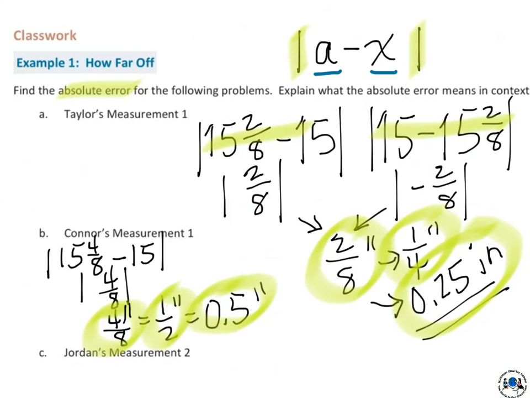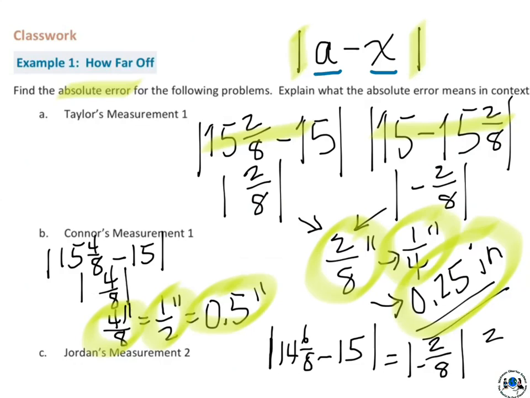So if we do that one, again, the absolute value of the approximate, which is 14 6/8, minus the exact, gives us the absolute value of negative 2/8, which is 2/8, of course.